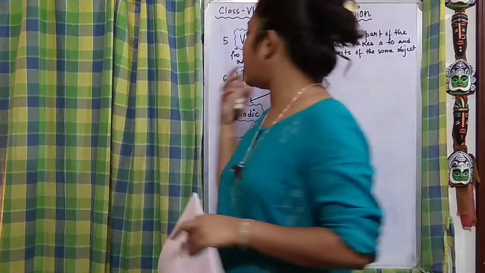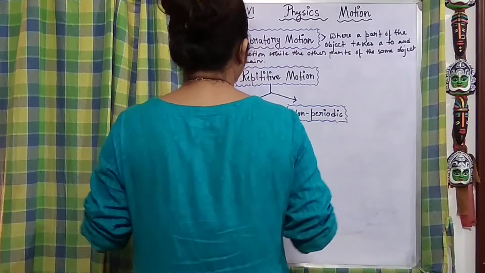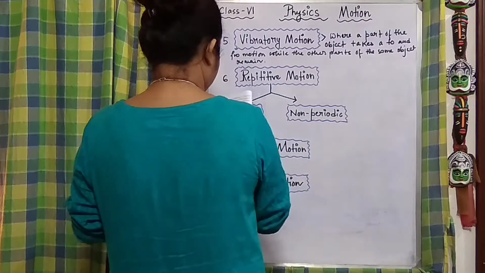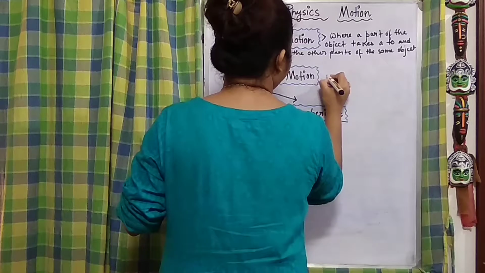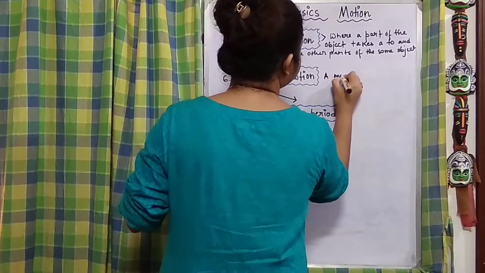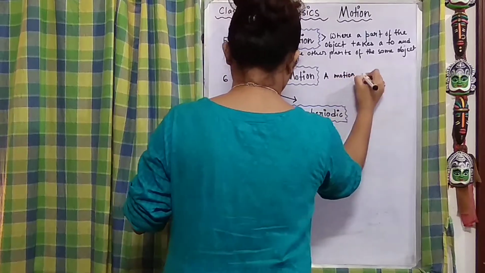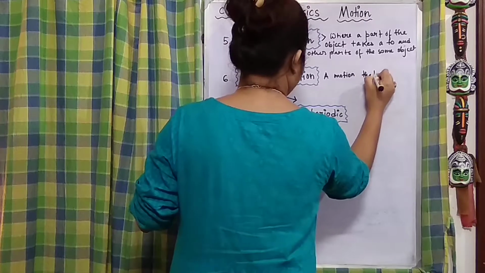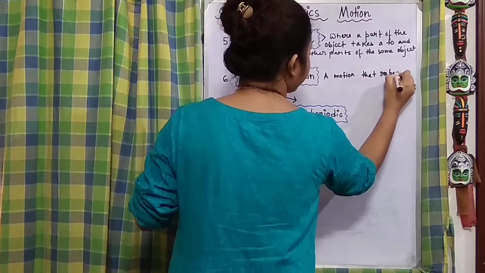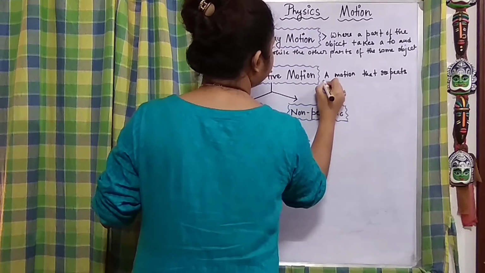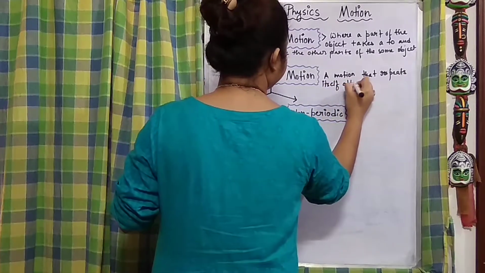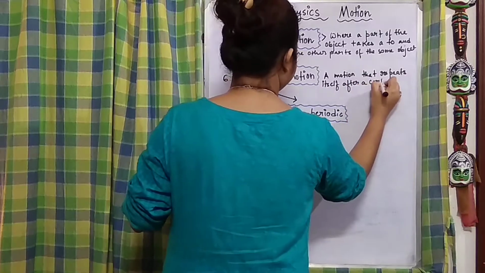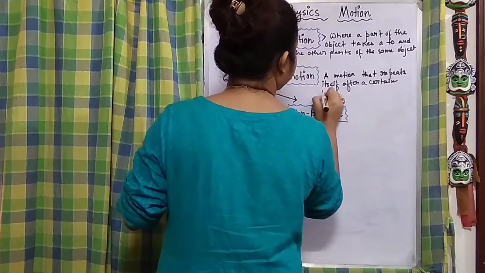So how do we define it once again? Repetitive motion is a type of motion which repeats itself after a certain time interval.